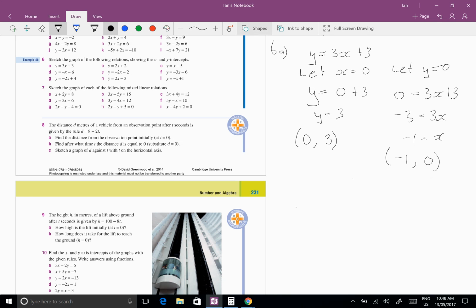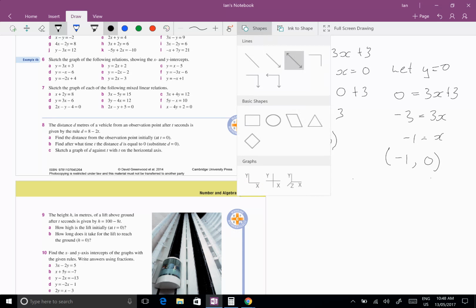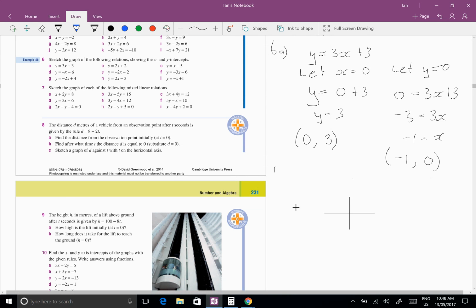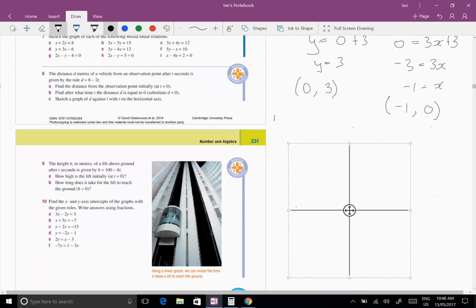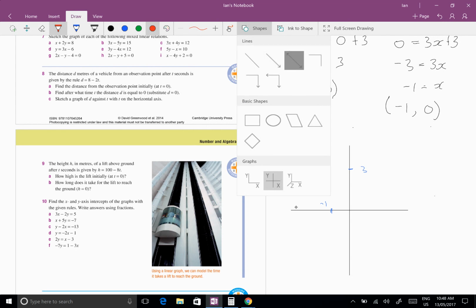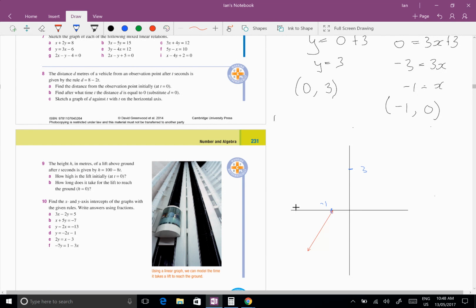So again, let's plot this. We'll put in the intercepts. So we've got 0 and 3. We'll say that's about 3. And negative 1 and 0, which is there. And we'll plot this again.